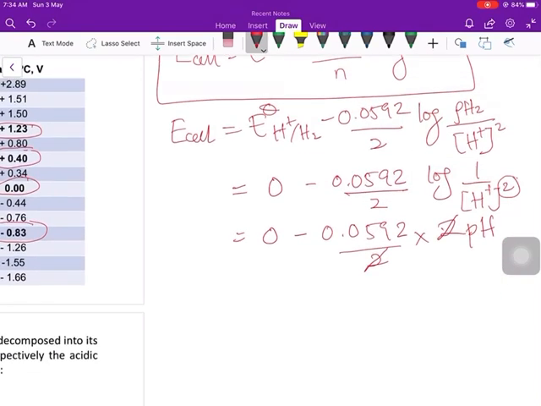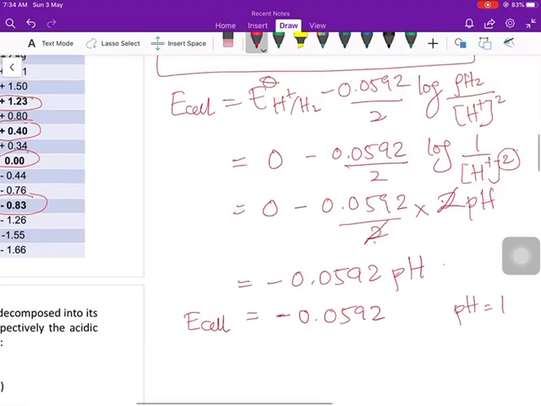Cancel the 2 above and below, and you end up with E equals negative 0.0592 pH.